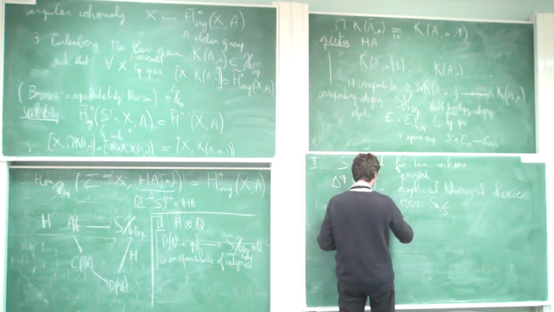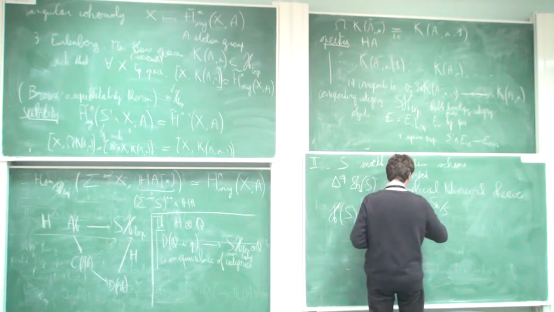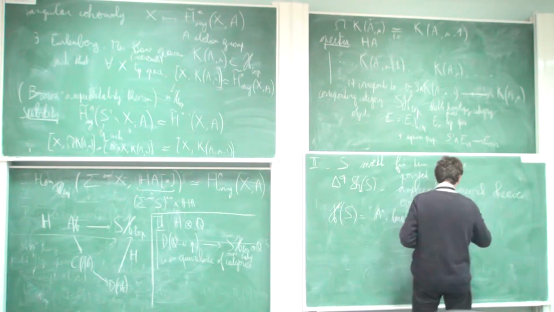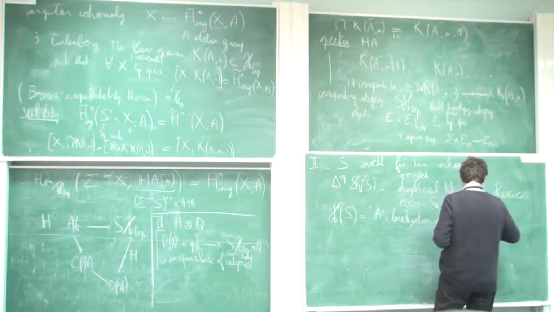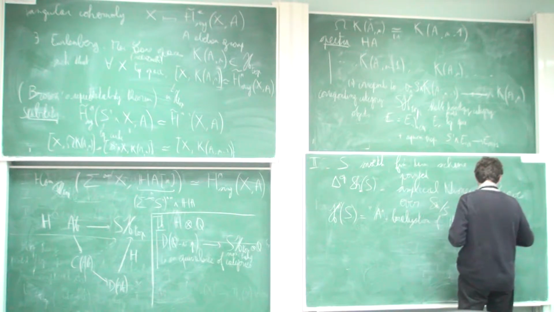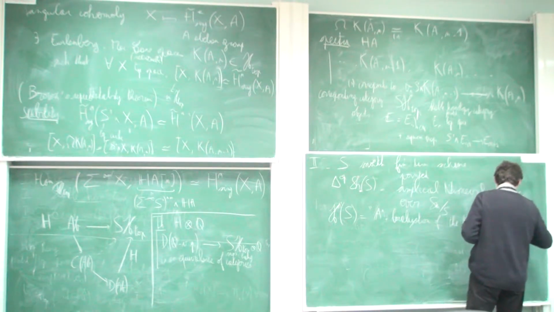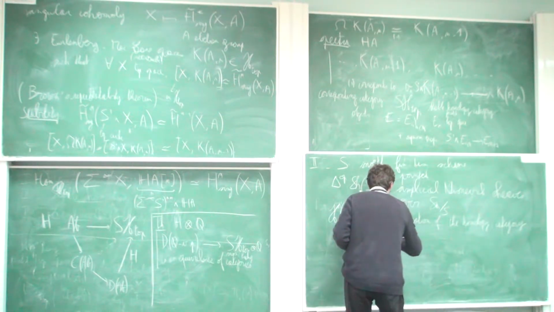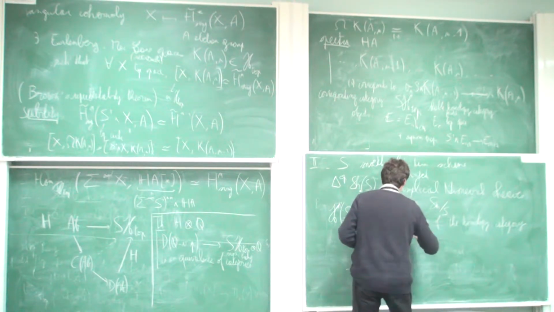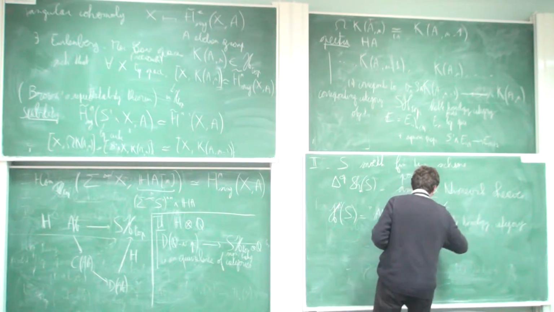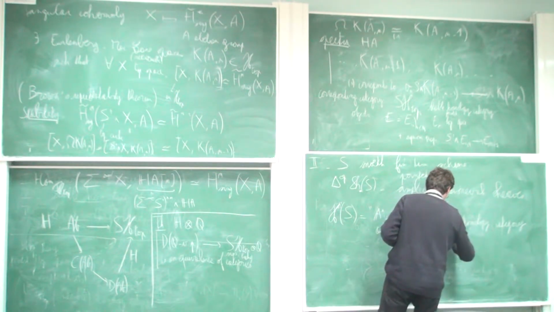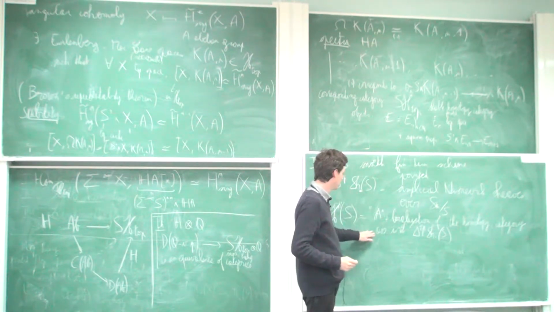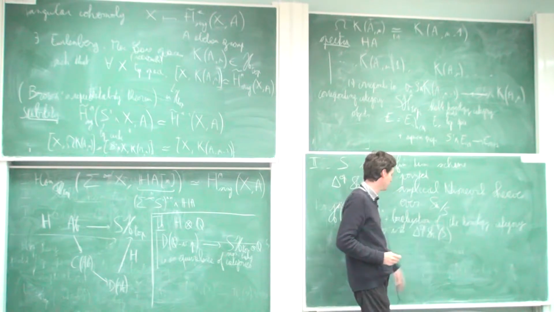I'll denote the A1 localization of the homotopy category associated with Δ^op over S. That means that we have inverted two kinds of maps in this category.